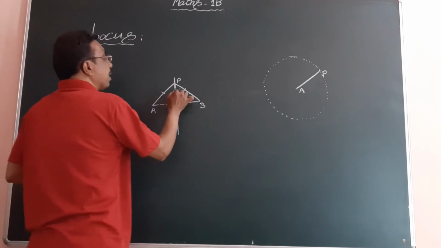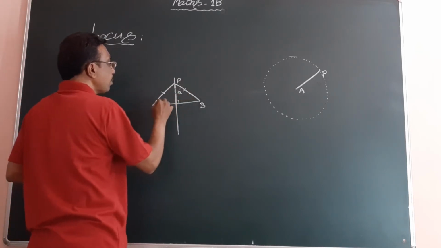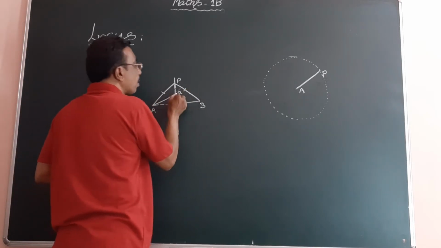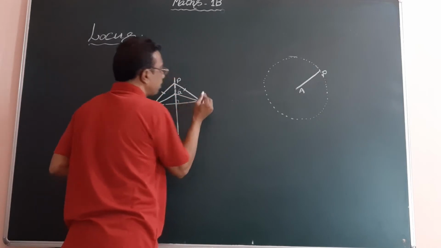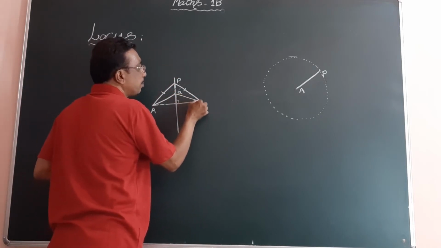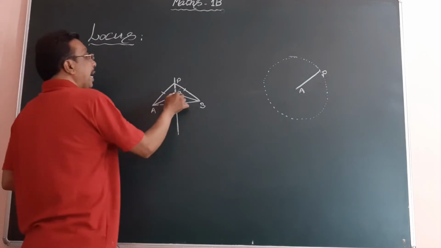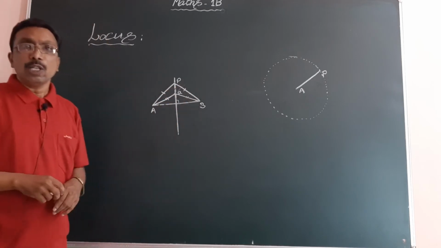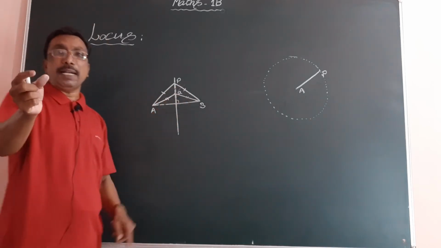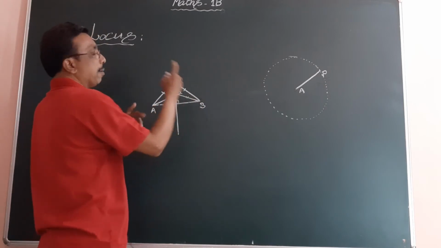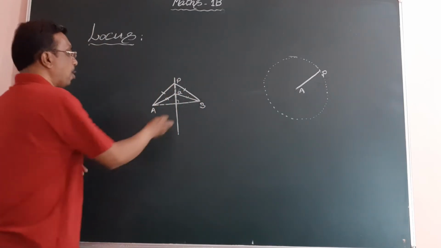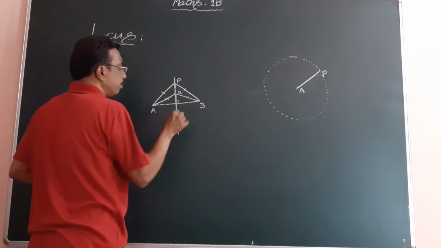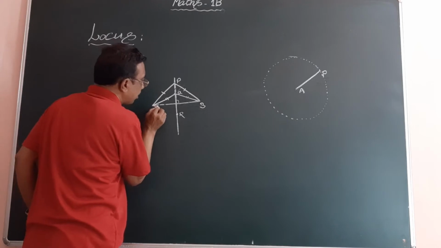Now we take another point, Q. Now observe this one. AQ distance is equal to QB distance also. So Q is equidistant from the points A and B. Now we take any point on the perpendicular bisector, say R. Now join these 2 points.